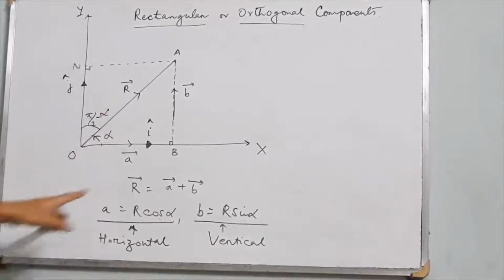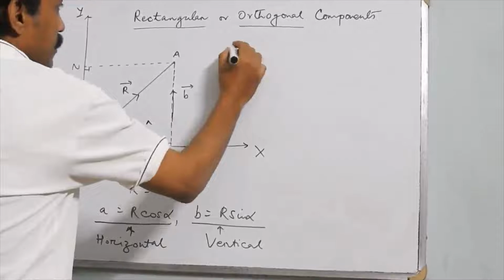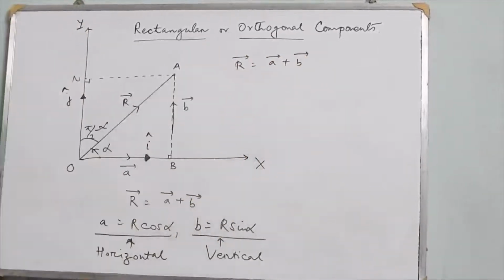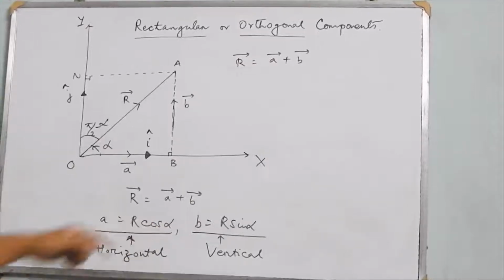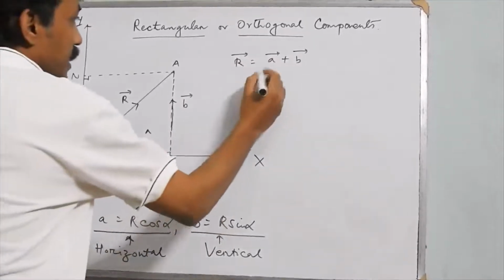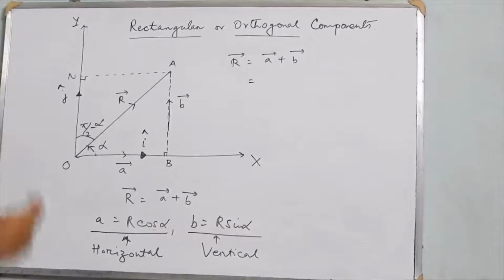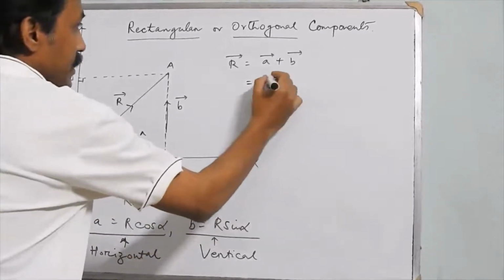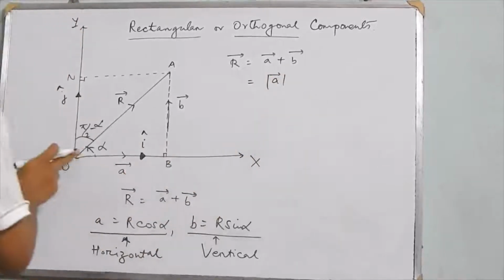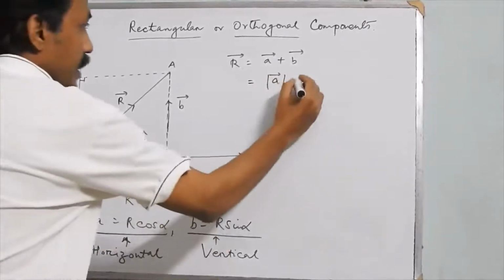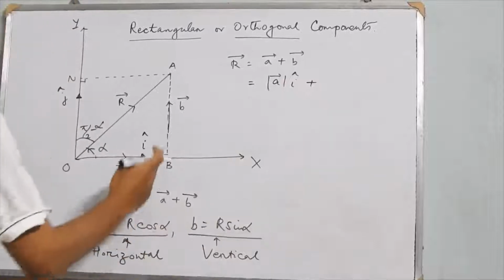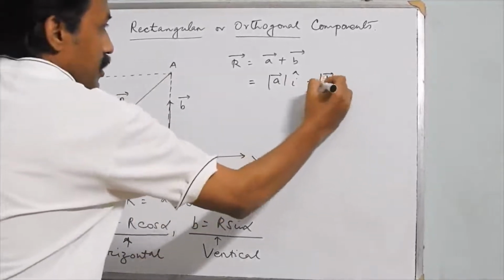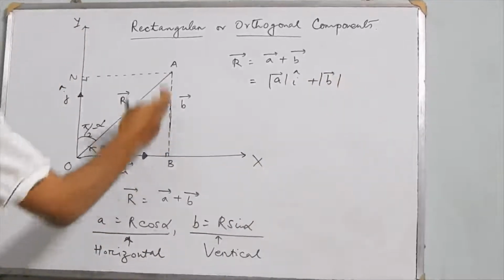And so following this, you can say r vector is A vector plus B vector. Because A is a vector, its magnitude is r cos alpha. So instead of A vector, you can write its magnitude A into the unit vector along its direction, that is I hat, plus instead of B vector, we can write its magnitude modulus of B into the unit vector along its direction.